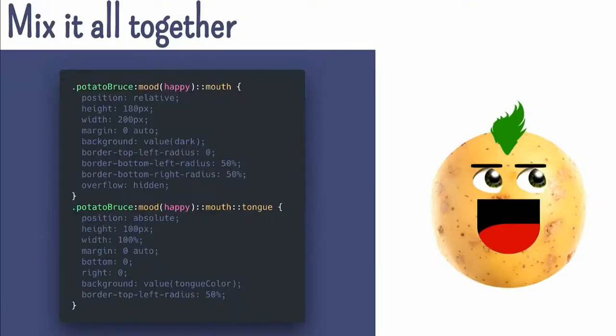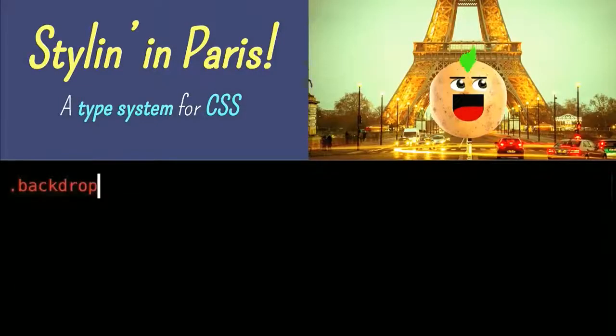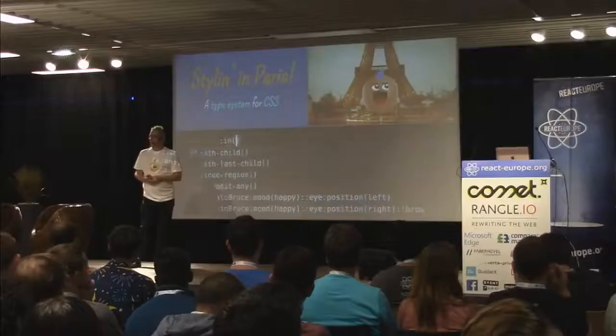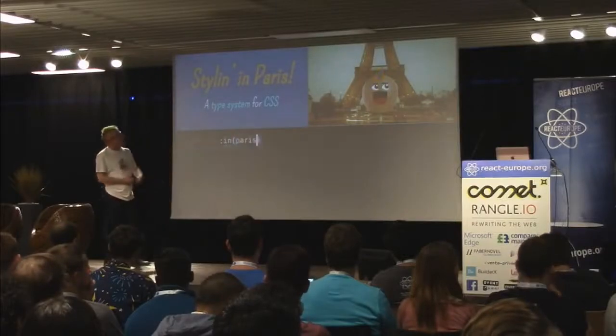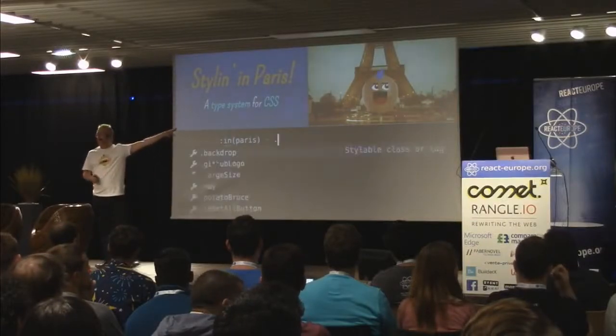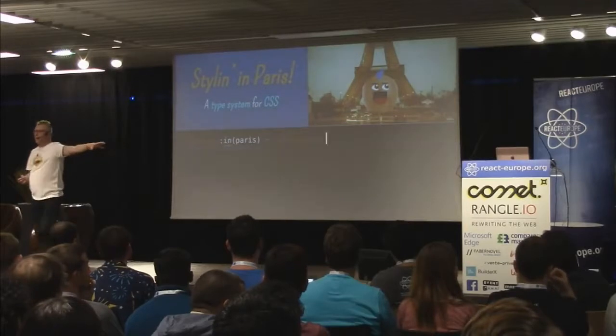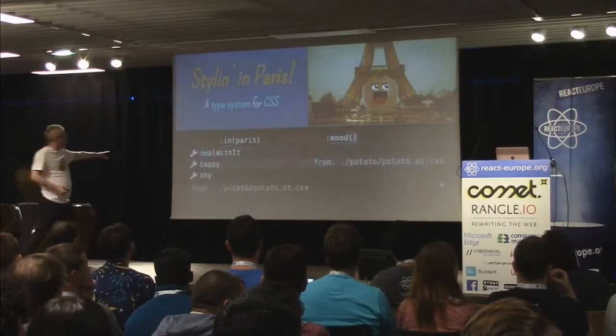Finally, putting it all together, we're going to give him a happy mouth, happy eyes, and make it a truly customized Potato Bruce using flat vanilla CSS. And because I'm always happy when I'm in Paris, let's give him a flashing rainbow mohawk and the backdrop of the Eiffel Tower.